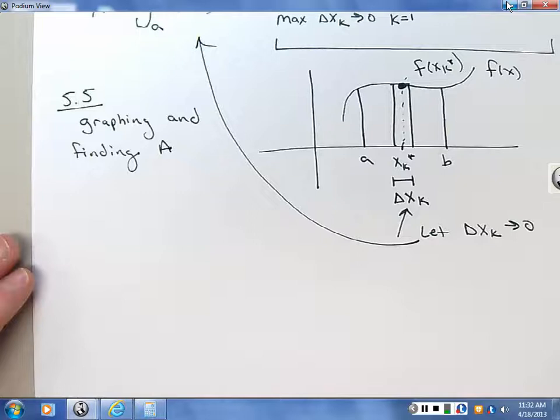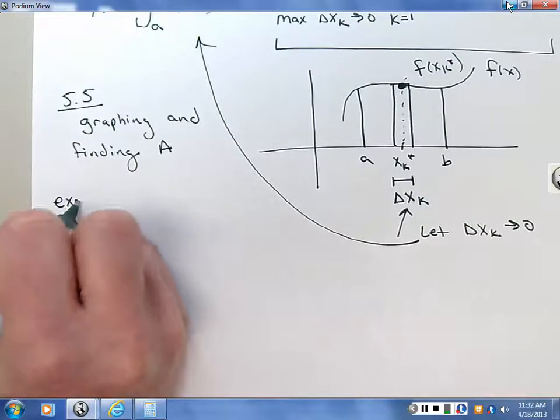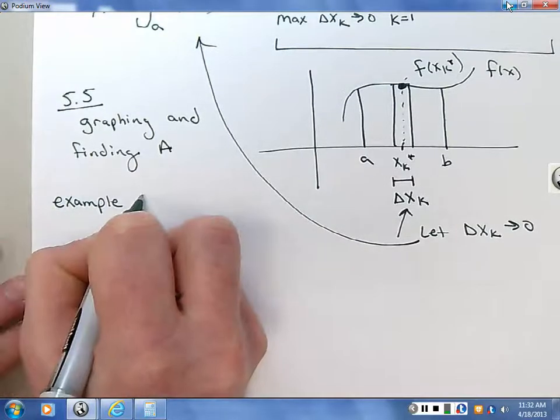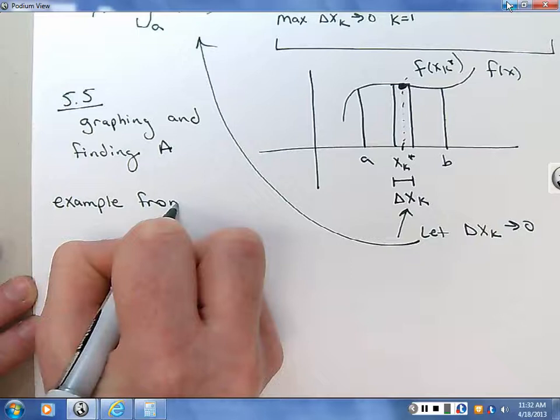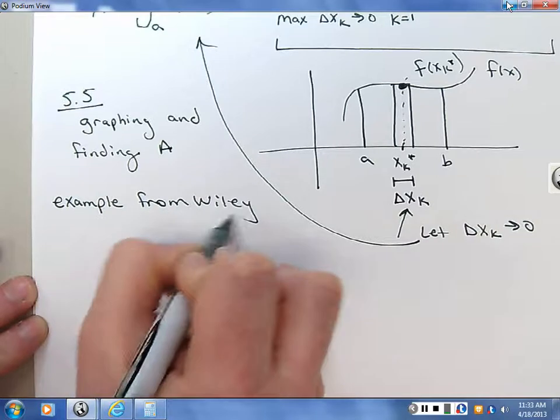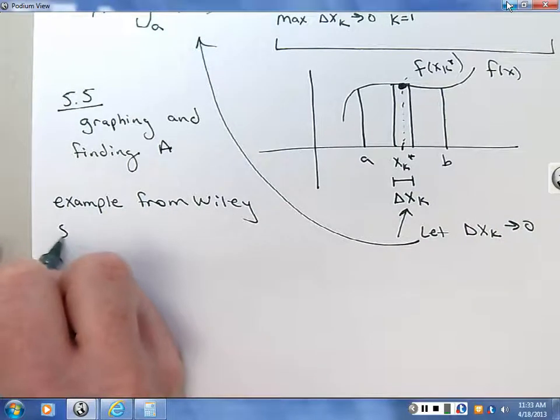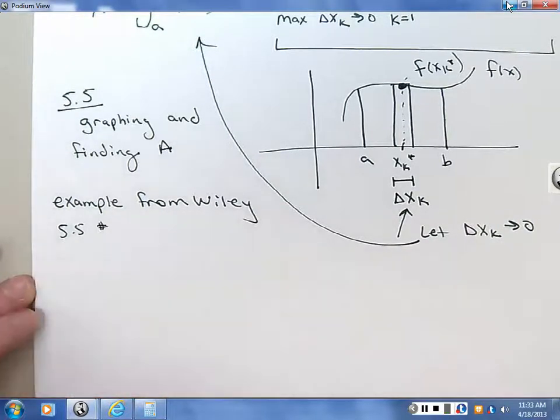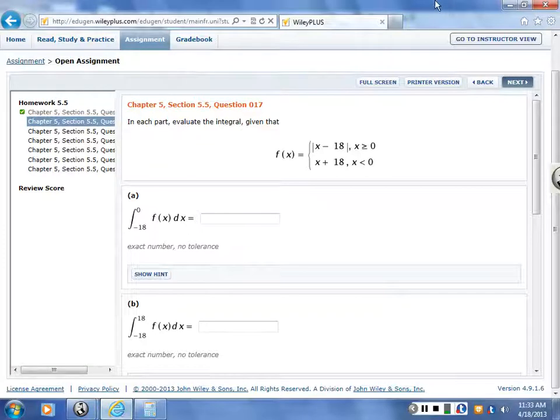So an example from Wiley, this is 5.5 number 17.